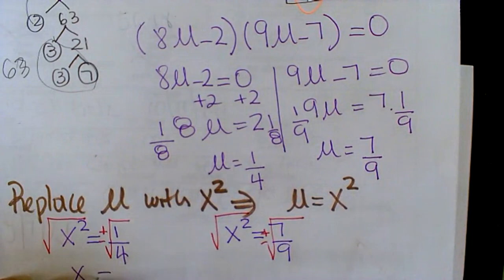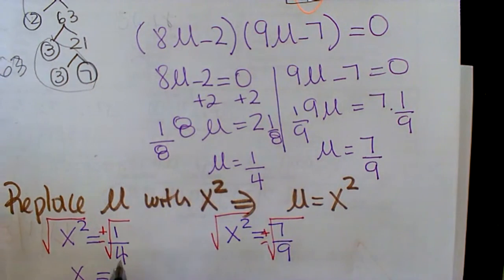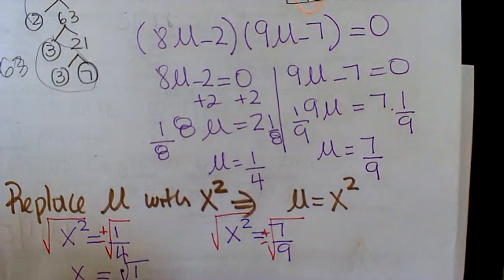So we get the square root of 1 over the square root of 4.